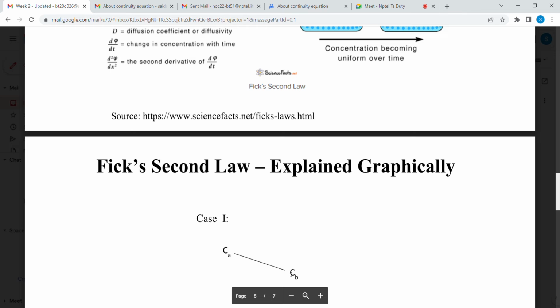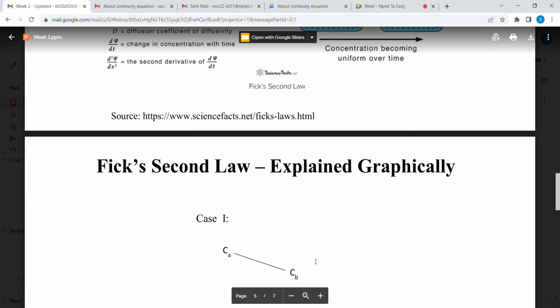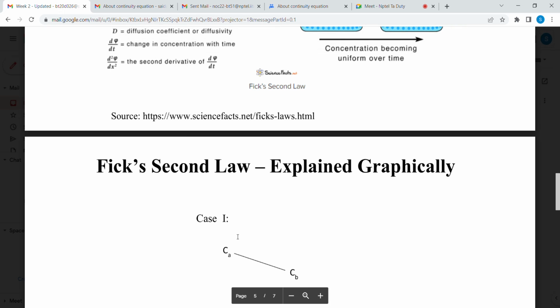Now as I said, if you increase CA, dCA by dx is going to increase. In other words, if you increase the amount of ink that you are adding, the diffusional flux, or the rate of movement of the ink particles per unit area per unit time, is going to increase. Think of this area as the plane of the solvent from which the molecules diffuse from CA to CB.